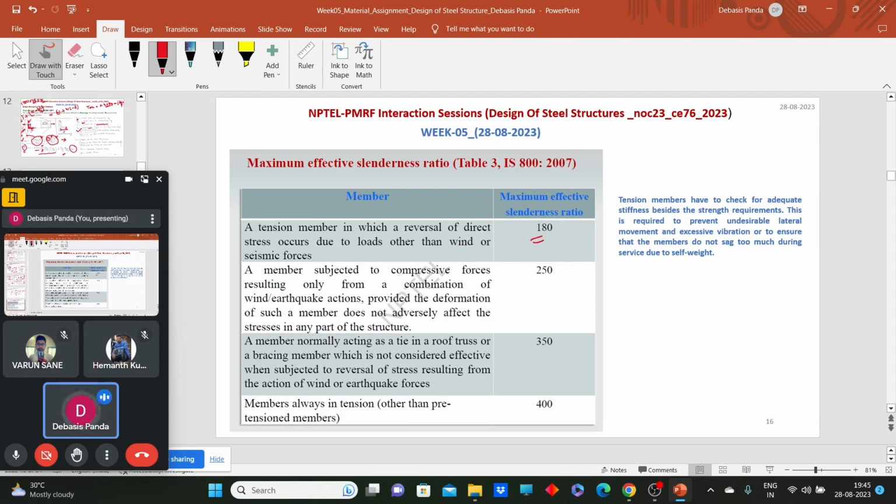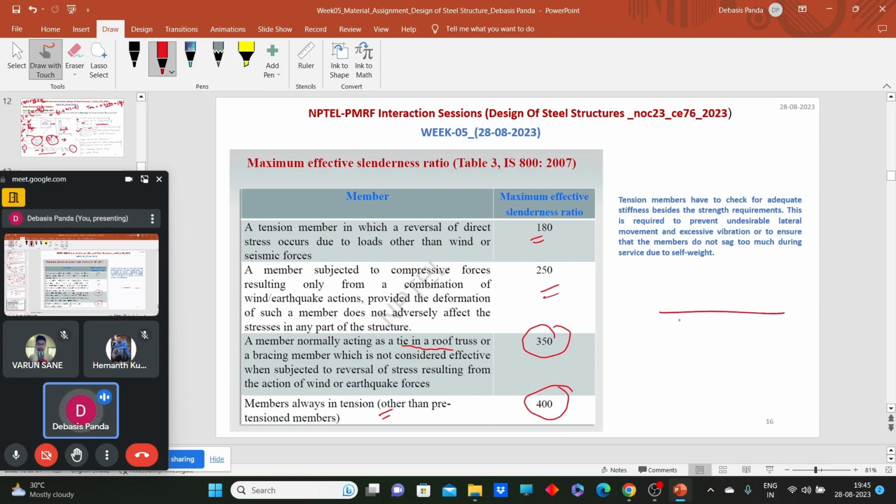A member subjected to compressive forces resulting only from the combination of wind and earthquake action, for this kind of member we need to consider 250. And the most general case, a member normally acting as a tie in a roof truss, for these cases we need to consider 350. And for a member always in tension, other than pre-tension, we need to consider 400.